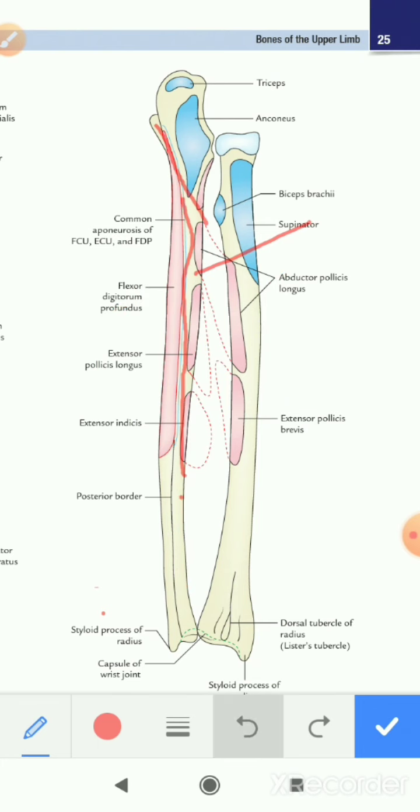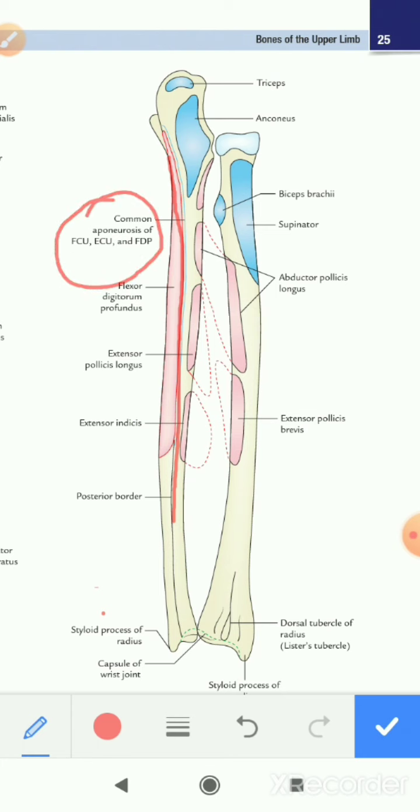The vertical line which divides the posterior surface into lateral and medial parts, or we can say the posterior border, has a common aponeurosis from where the flexor carpi ulnaris, extensor carpi ulnaris and flexor digitorum profundus arise.